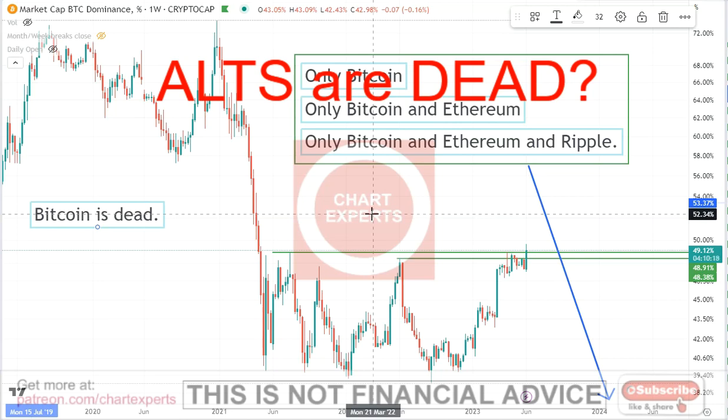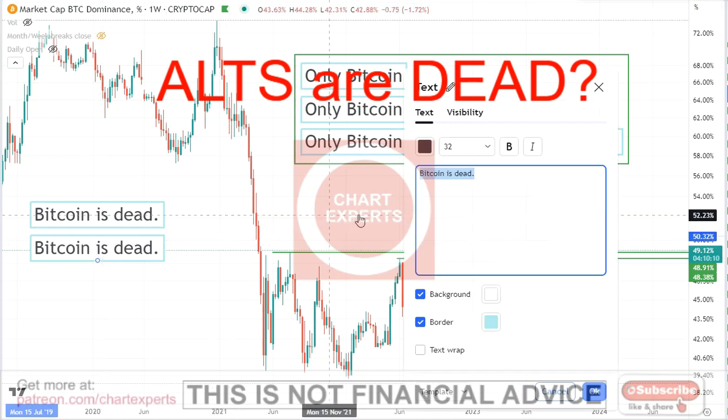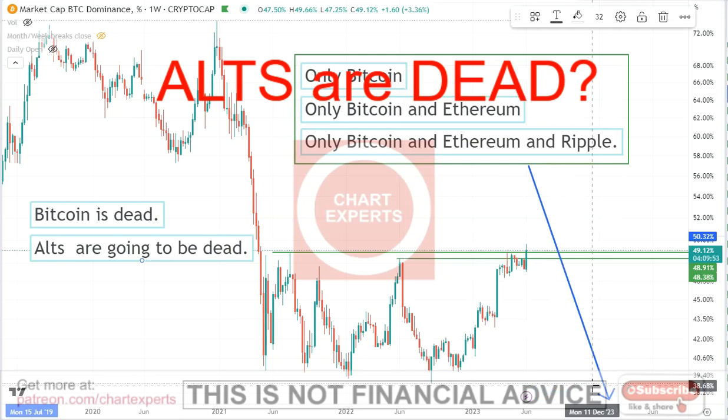We also hear the other narrative that alts are going to be dead. Okay, so the altcoin market is going to somehow disappear.